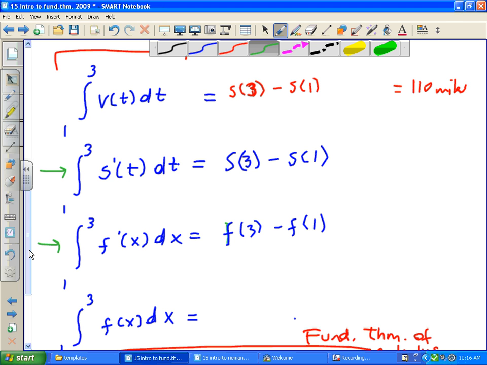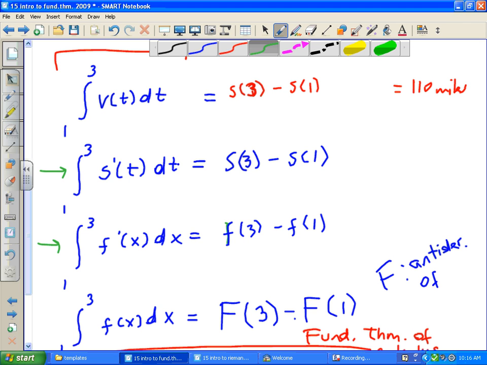So when you have f of x on the left-hand side, you're looking for the antiderivative of f of x. And we usually represent it by capital letter F. So the antiderivative of f of x, which is capital F of x, will show up on the right-hand side. First, you plug in 3, minus, you plug in the lower limit, 1. Again, capital F represents the antiderivative of lowercase f of x. But the general idea is this.